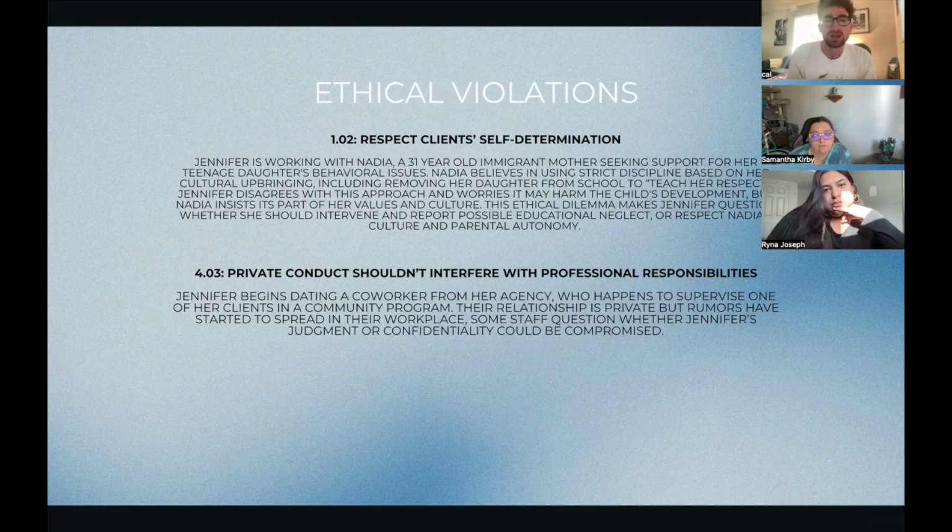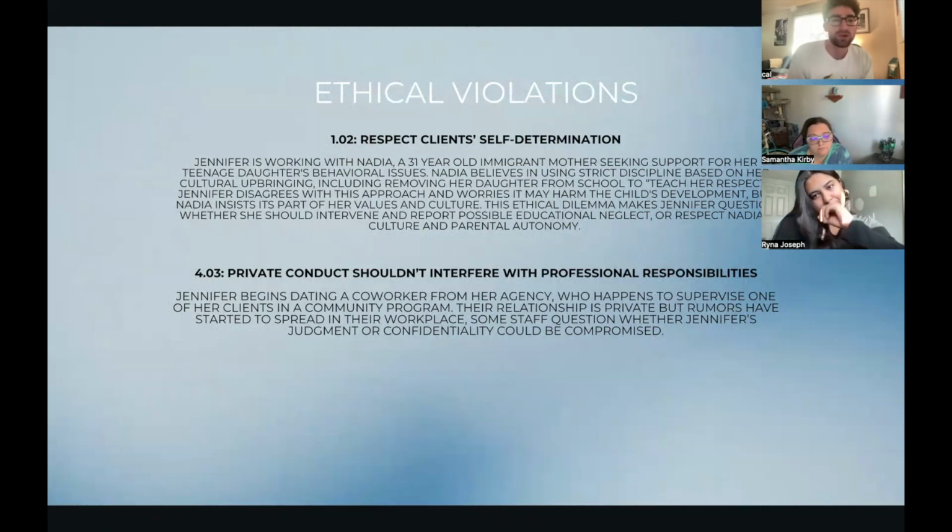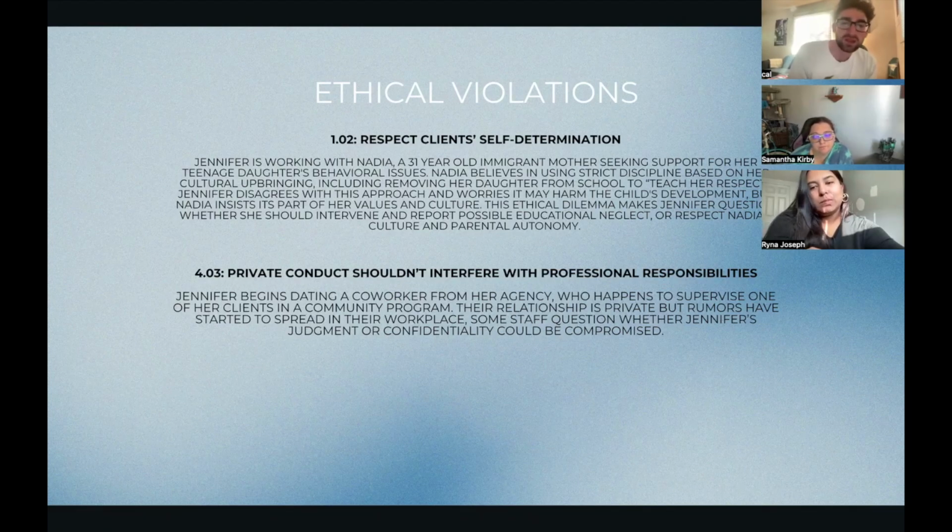Nadia believes in using strict discipline based on her cultural background, including removing her daughter from school as a punishment to teach her respect. Nadia insists it's a part of her values and culture. This ethical dilemma makes Jennifer question whether she should intervene and report the possible neglect or respect Nadia's background and autonomy as a parent.